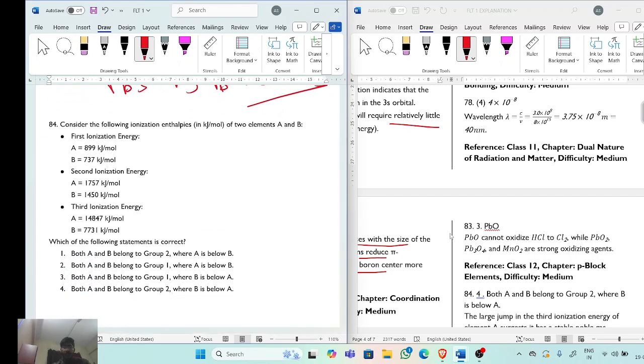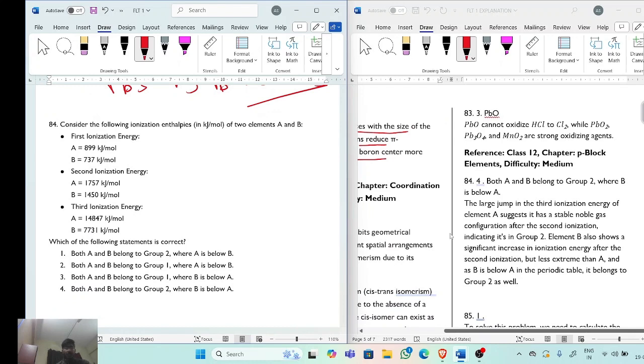Now question number 84. Consider the following ionization enthalpies in kilojoules per mole of two elements A and B. Here is the information regarding the ionization energy: first, second and third ionization energy. Now we have to observe and answer which of the following is correct.